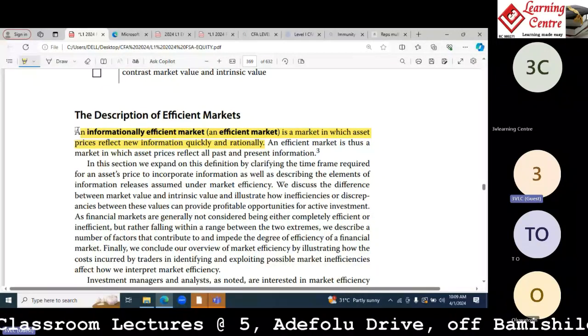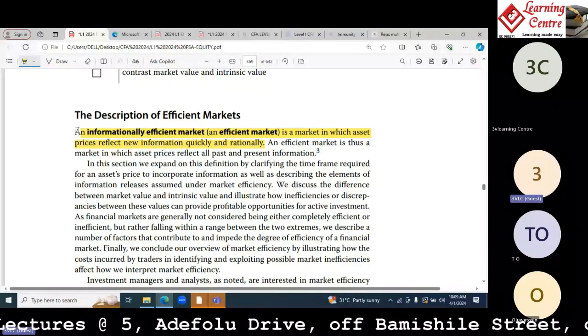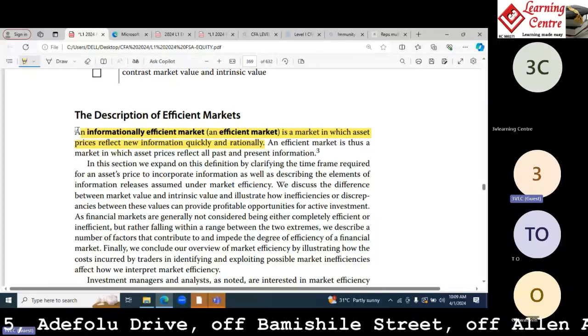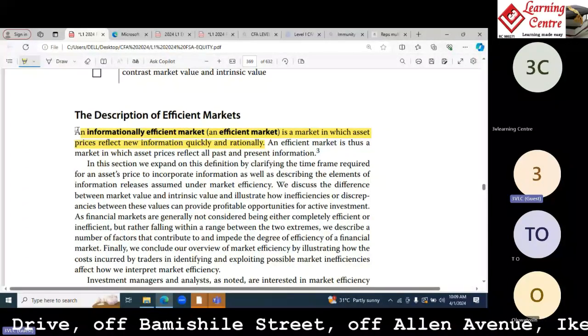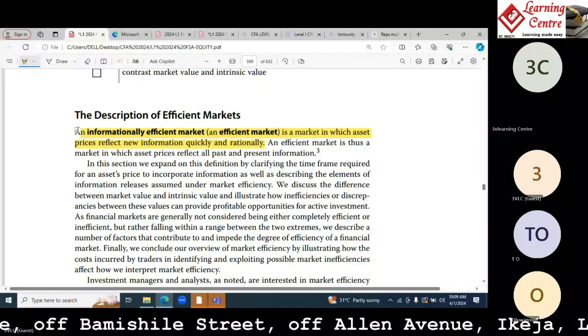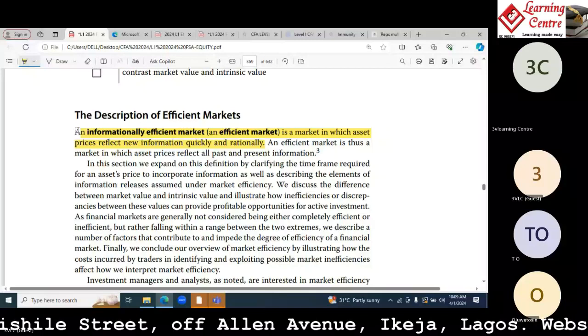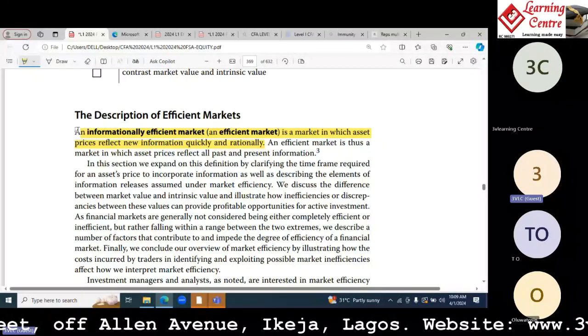Because what these guys do is make use of information. And that is what we mean by information efficiency. Quickly, how quickly. And most times in the Nigerian market, I've seen how informationally inefficient that market is.